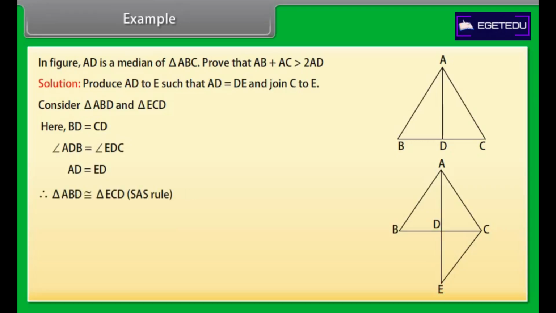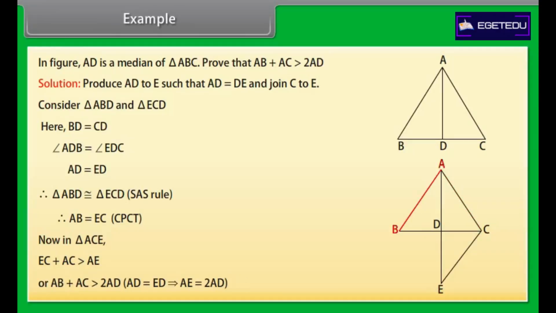Therefore, by SAS congruence rule, triangle ABD is congruent to triangle ECD. Therefore, AB is equal to EC by CPCT. Now, in triangle ACE, EC plus AC is greater than AE, or AB plus AC is greater than 2AD, because AD is equal to ED, which implies that AE is equal to 2AD.